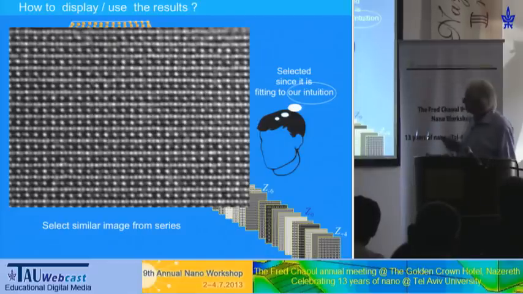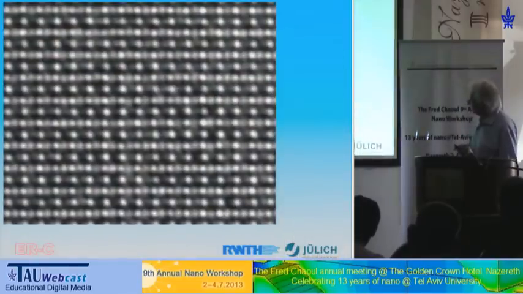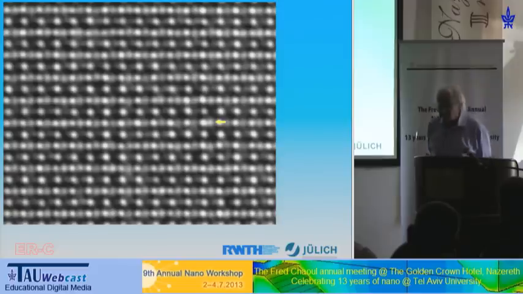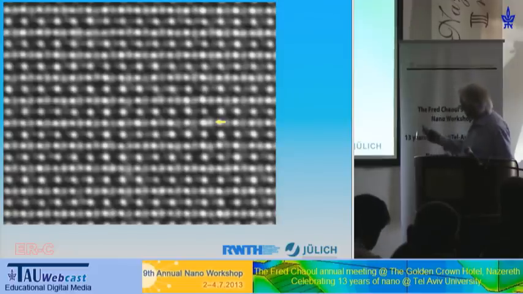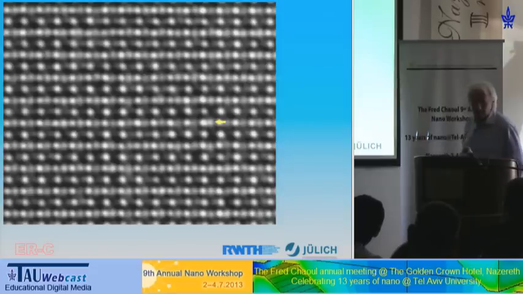But now we look a little bit more closely. That means we magnify, and now I point to this oxygen atom here. And you see the oxygen should be just in the middle between two titanium atoms. It's not, it's shifted towards one of these titanium atoms. In addition, we look at the titanium.